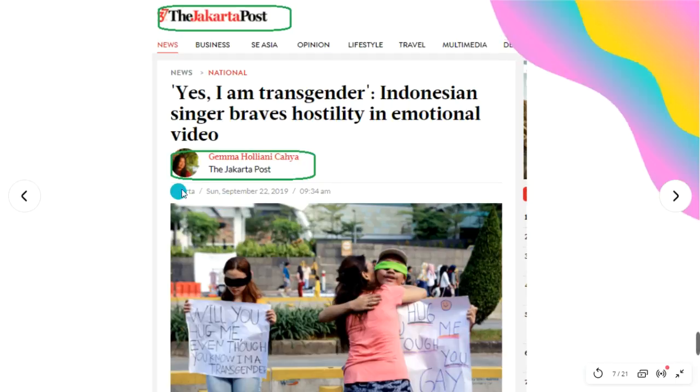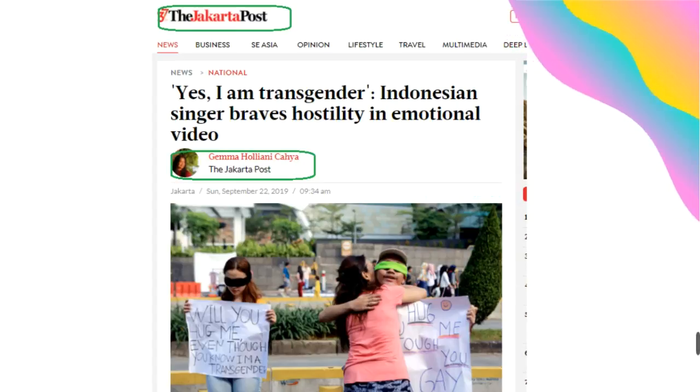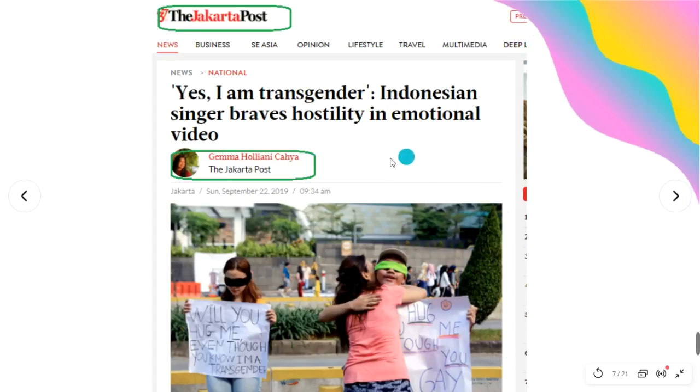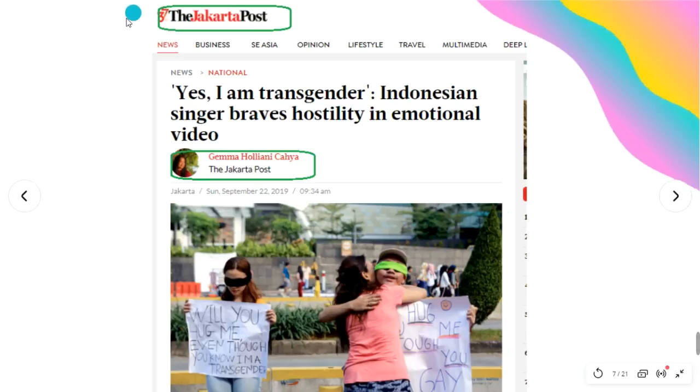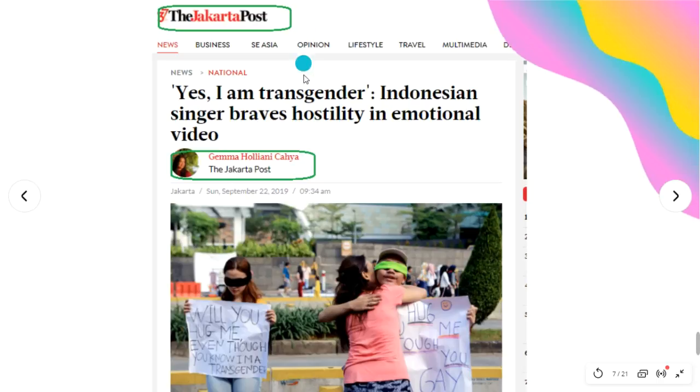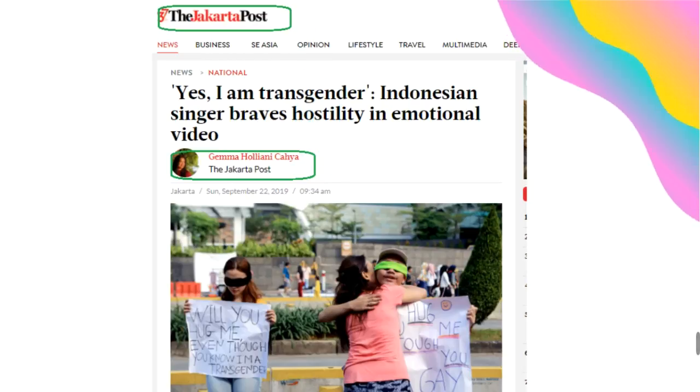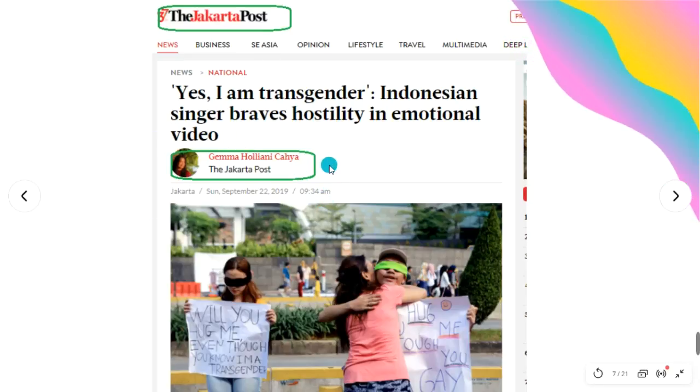And from the way this news is attached with this picture, it should give you additional information regarding the writer's position: agree or disagree, pro or con on the topic she is writing. Besides that, you can see here that it is published in the Jakarta Post, and then you can guess what the habit of the Jakarta Post is. Besides, you can also find out about the writer herself.